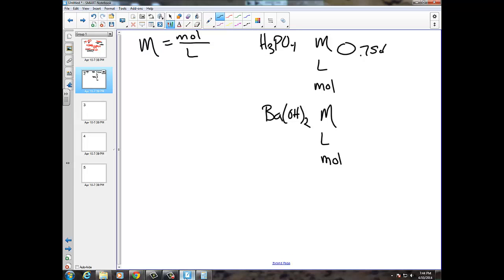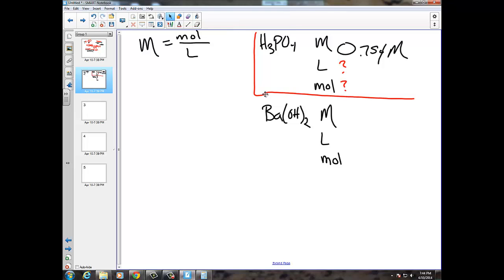I don't have a liter value given, and I don't have a mole value given. So as of right now, I can't do anything here because I need 2 out of the 3. I only have 1.